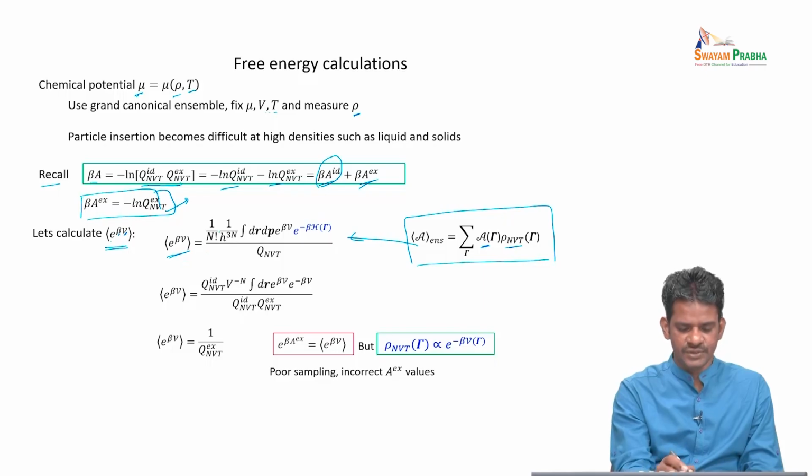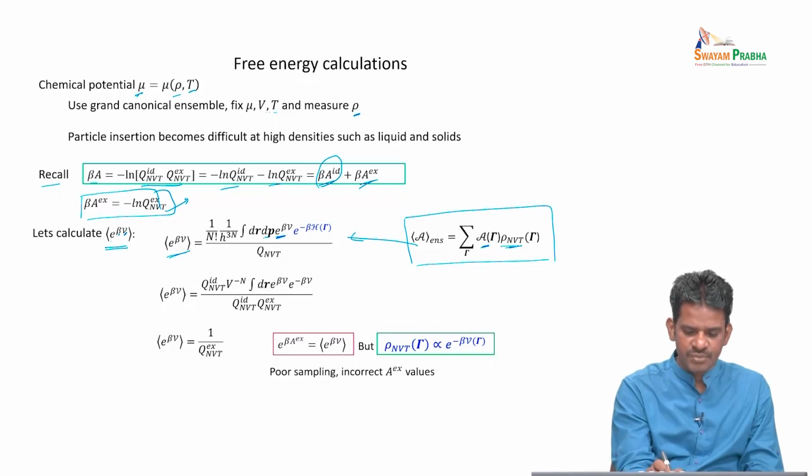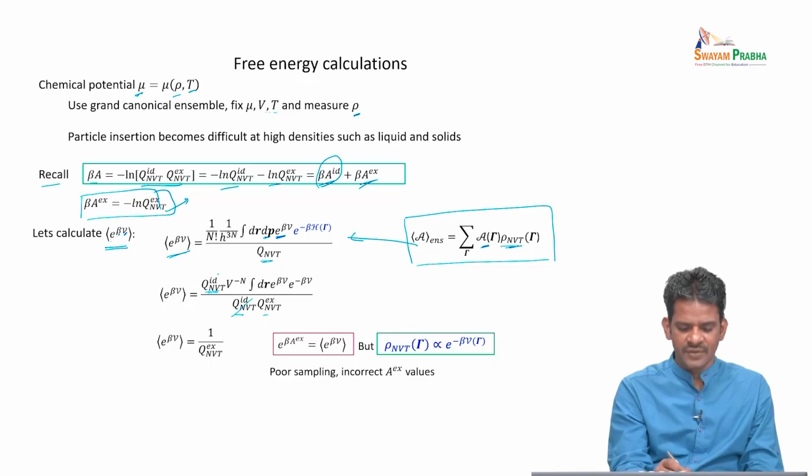So, we substitute for rho, which is e to the power minus beta H divided by Q_NVT, and we want to find this value in the phase space. Now you can do this momentum integral, and write everything in terms of the ideal part and the excess part, and you can see that the ideal part will cancel, and we are left with only the remaining terms.